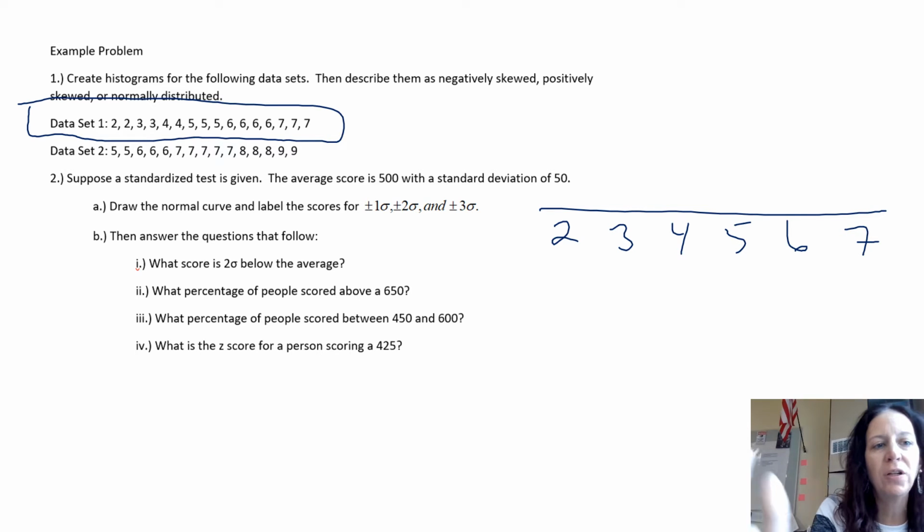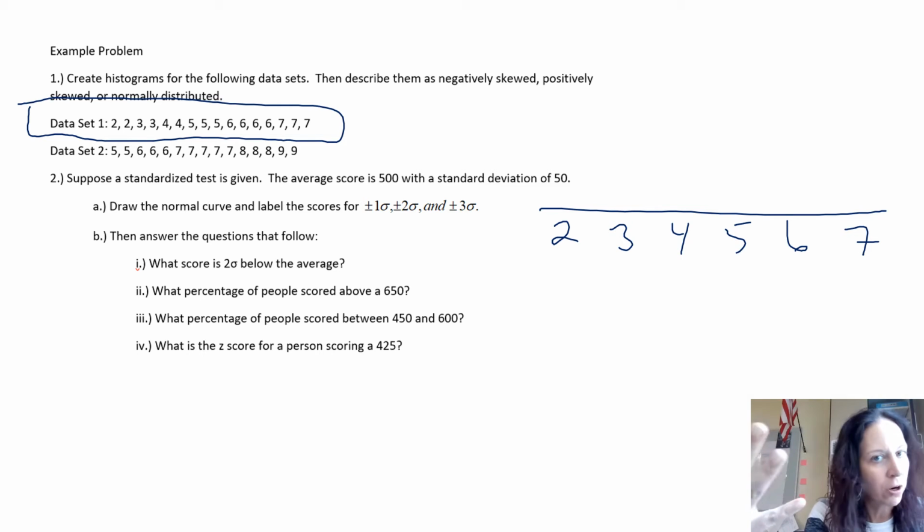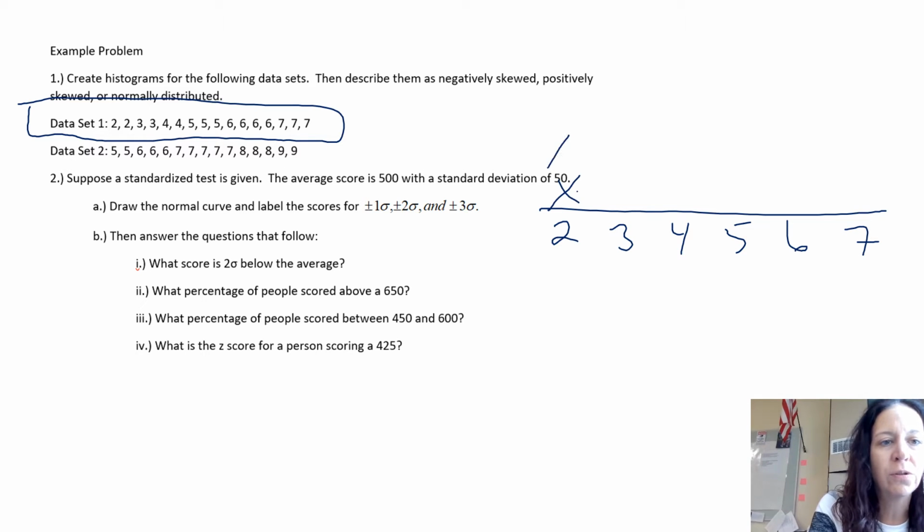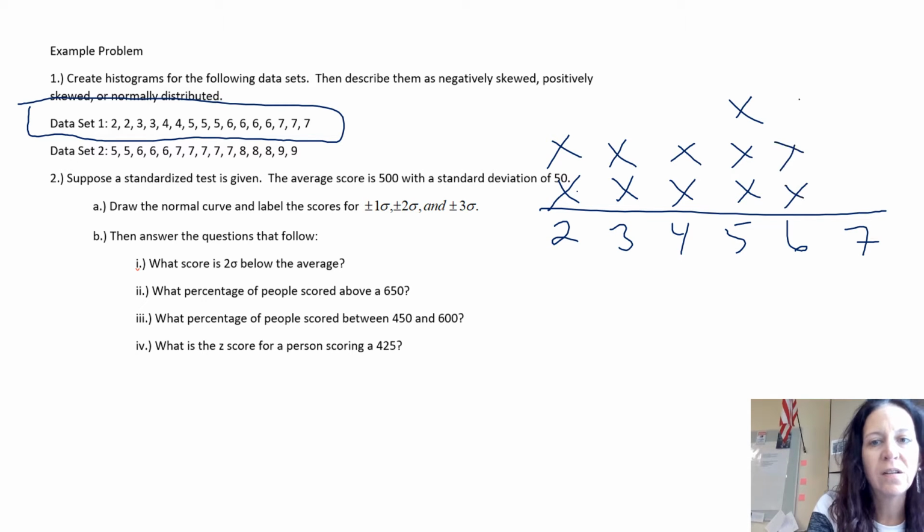And then I'm going to use X's because they're easy, but you can use dots, or bars, which is probably what you're familiar with. There are 2 2s, 2 3s, 2 4s, 3 5s, 4 6s, and 3 7s.